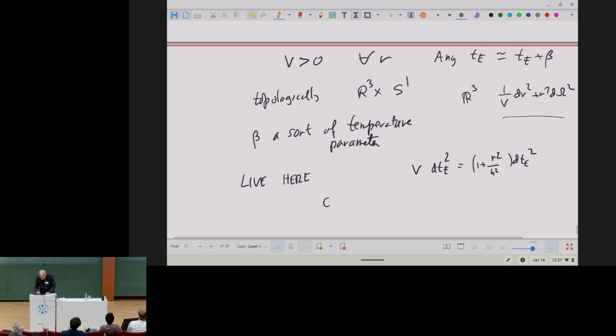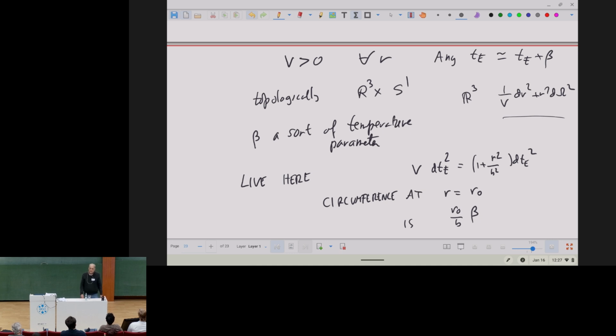So the circumference of the circle at, let's say, r equals r naught is (r naught over b) times beta. That means if you live in this space-time, you would see beta going to infinity at large distances, which means the temperature goes to 0.